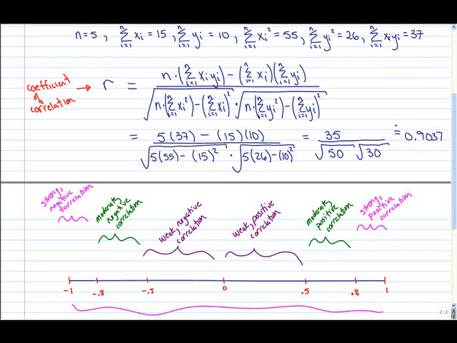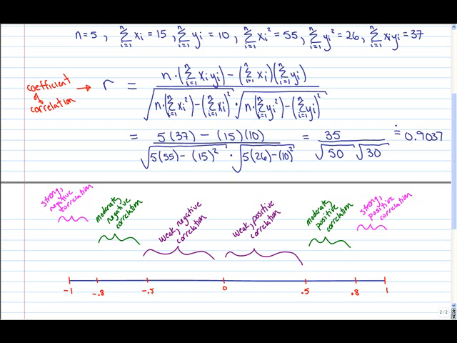Now, if you lie between 0 and 0.5, that just suggests here that you would have a weak positive correlation because it's positive. Now, if you were to lie between 0 and -0.5, that would suggest a weak negative correlation. Now, if you were to lie between 0.5 to 0.8, that suggests a moderate positive correlation, and then from 0.8 to 1 suggests a strong positive correlation.